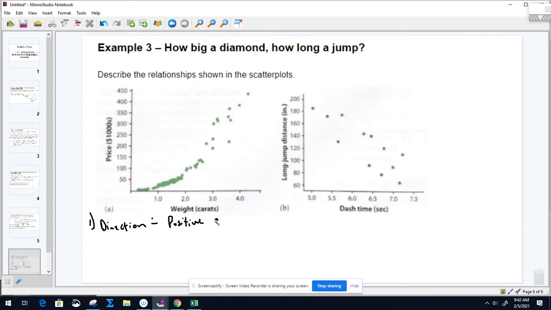And again, we're going to spell this out. There's a positive association between the weight in carats and price of diamonds.